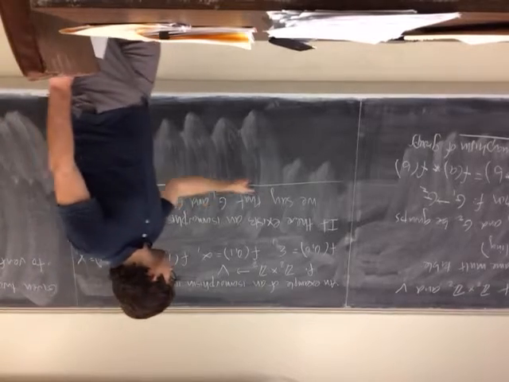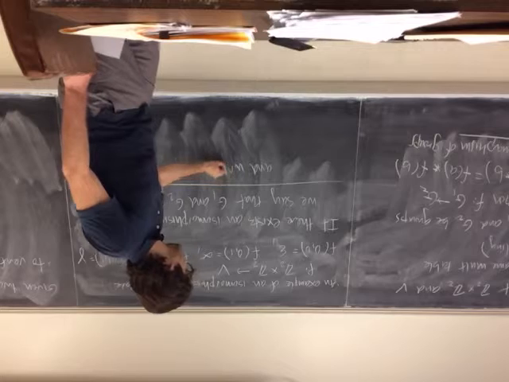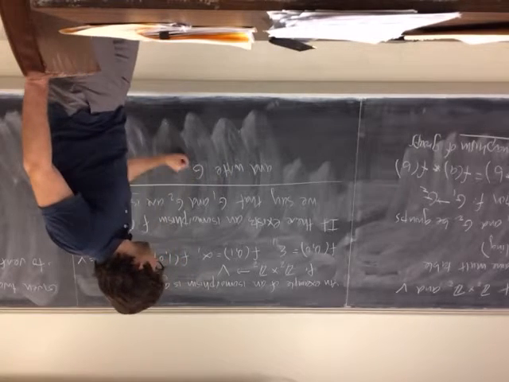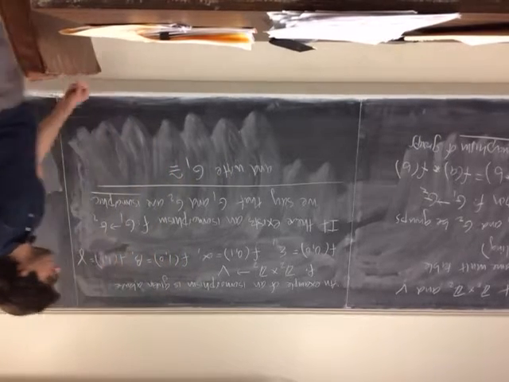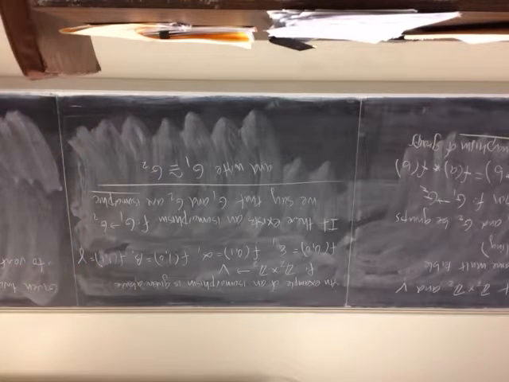I should also say, we say that G1 and G2 are isomorphic, and the usual notation for this is G1, and then this equal sign with the tilde on top, G2.